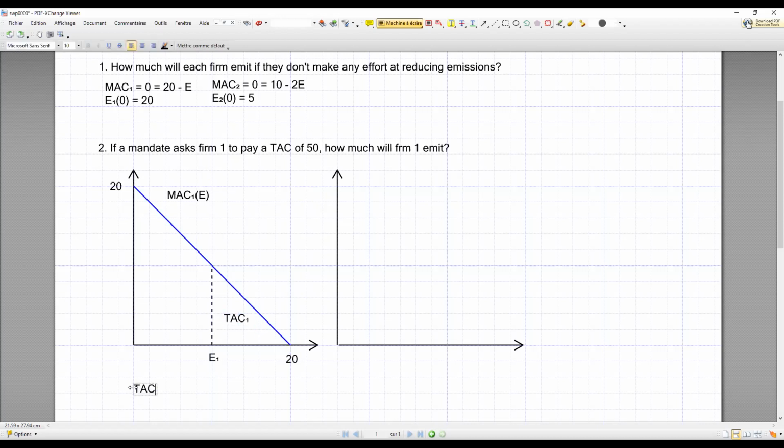So TAC1 is going to be equal to 20 minus E1, let's just say, times MAC divided by 2. So this is equal to 20 divided by 2 times (20 minus E1).